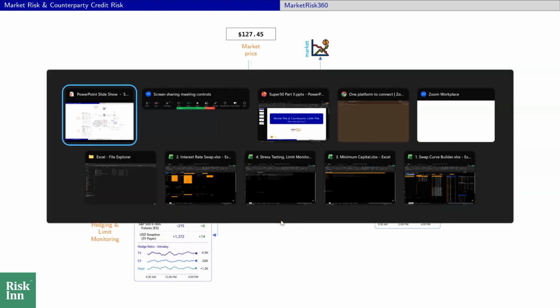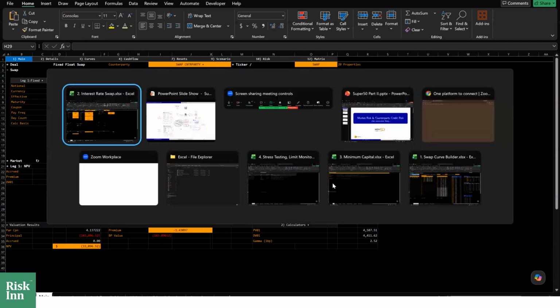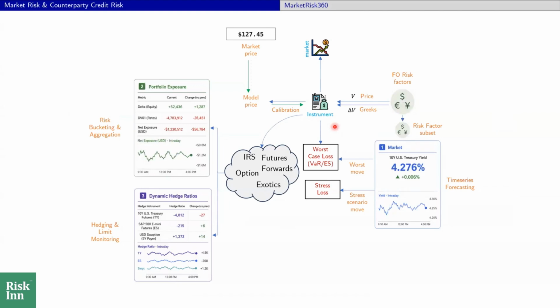Okay. This will also give you a flavor of how we are going to cover the topics in this particular course. So, we will start with interest rate swap pricing. Now, remember, if we go back just a little bit, the heart of the entire ecosystem is the instruments, right?